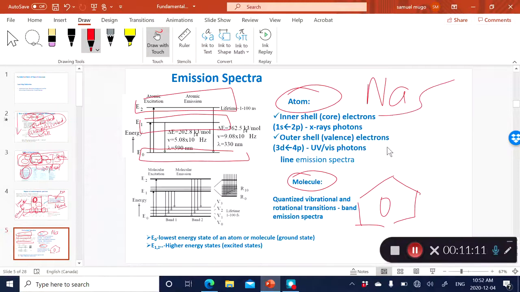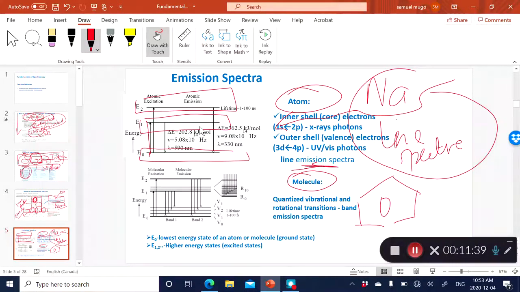And as such, if light hits a sodium atom, the electrons get excited between electronic states. And so the resulting spectrum is a line spectrum. So atoms give you a line emission spectrum, because they only have electronic states and no rotational or vibrational states.